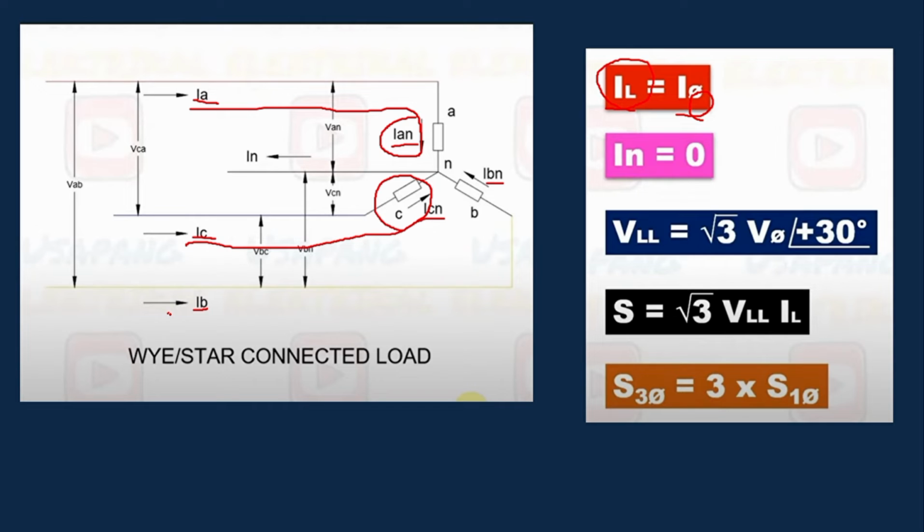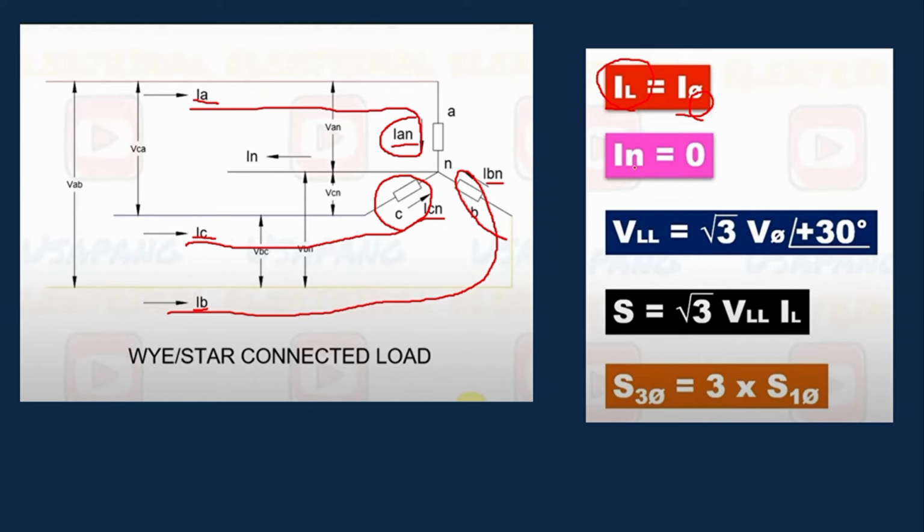Sa IB line current naman, dumadaan ang flow nito sa IBN phase current. Kaya sa Y-connected load, ang line current ay always equal to phase current.